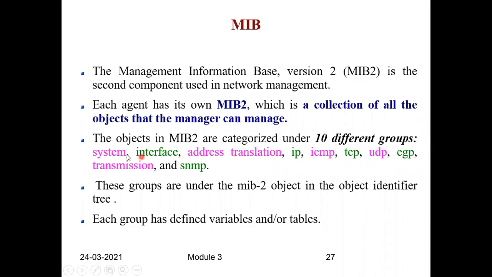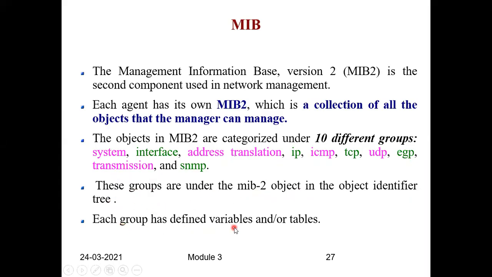So what are those 10 groups? Under MIB2, we have system, interface, address translation group, IP group, ICMP, TCP, UDP, EGP, transmission group, and SNMP. These groups are under the MIB2 object in the object identifier tree.